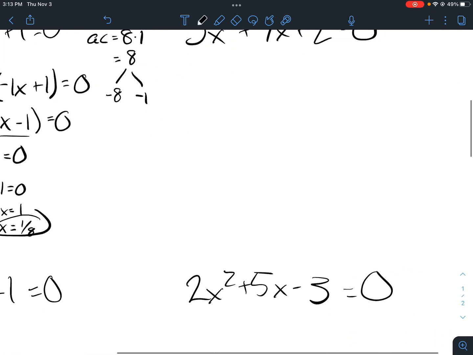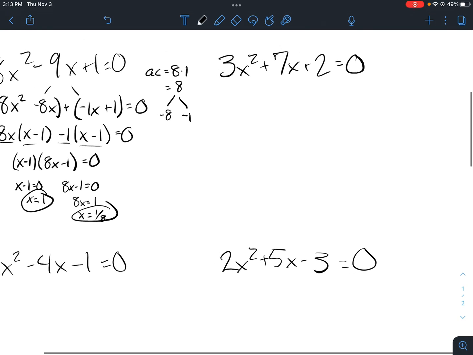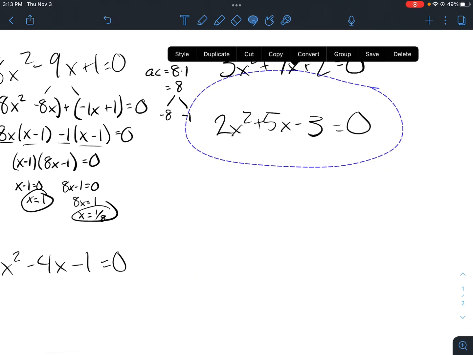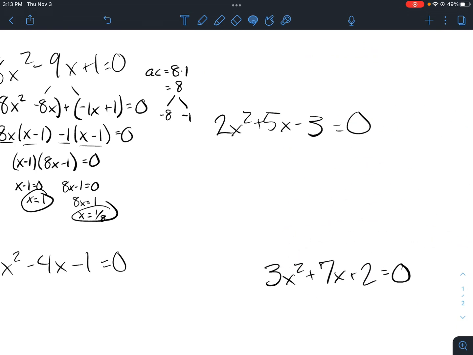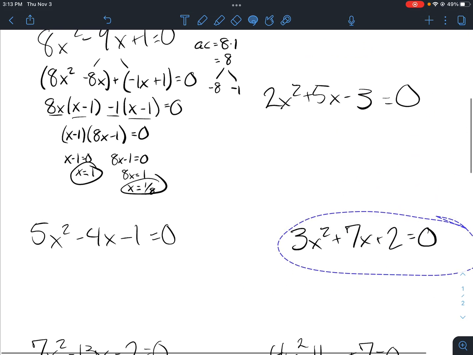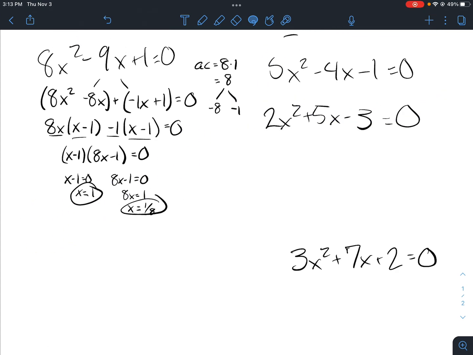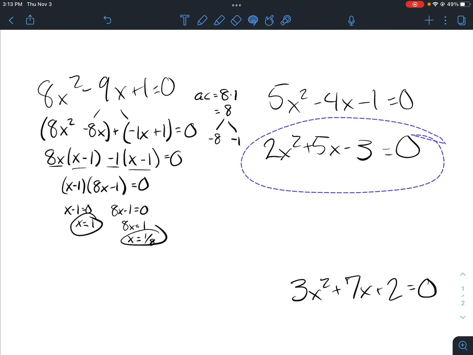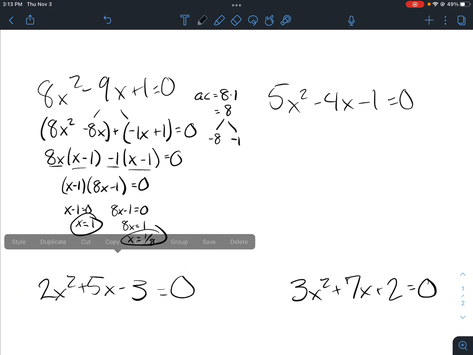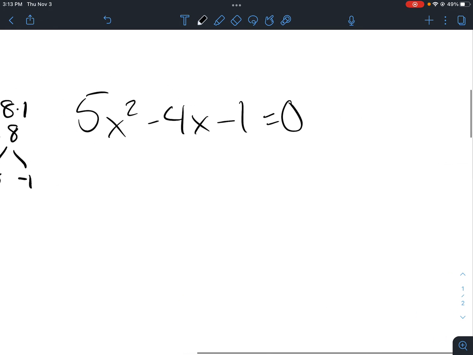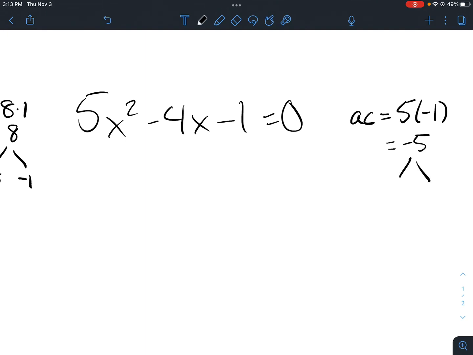And this is the last one we are going to do. Actually, let's do this one instead. This one is going to give us better work with some negatives. So in this case, start the process the same way. We're going to do AC, which is 5 times negative 1, so negative 5.